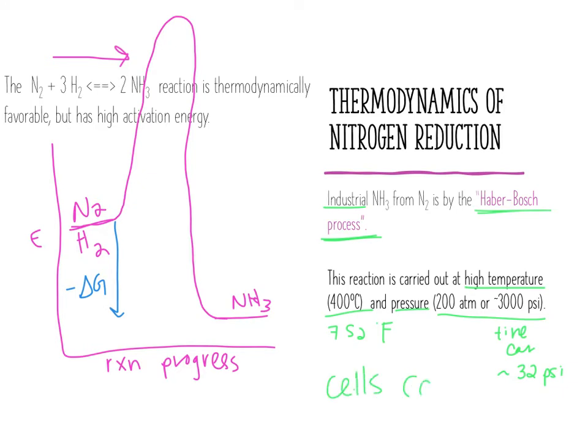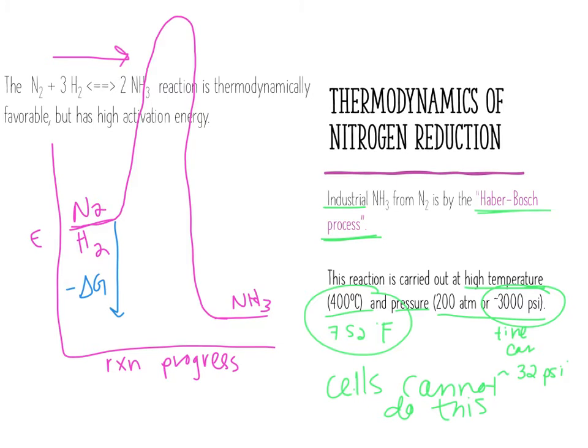And biochemically, cells cannot do this. Cells cannot increase their temperature to 752 degrees Fahrenheit, and they certainly cannot increase their pressure. They would unfold, they would explode in either direction. So what do cells do? What does biology do?